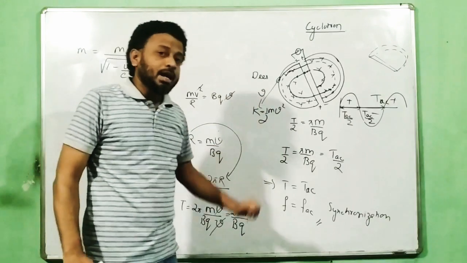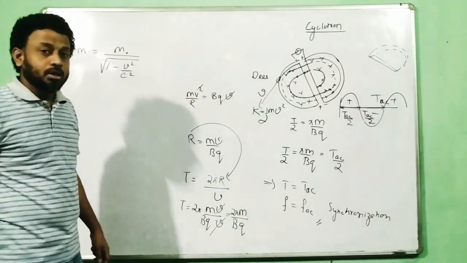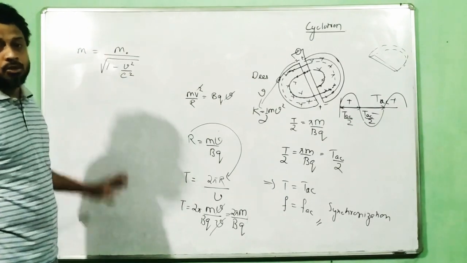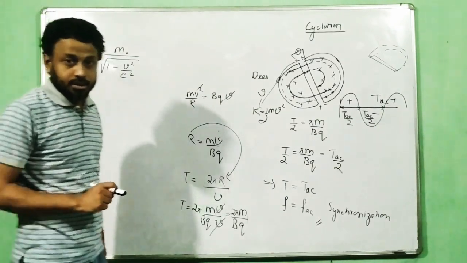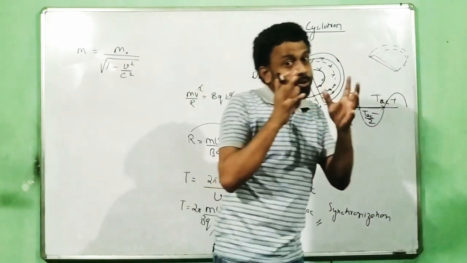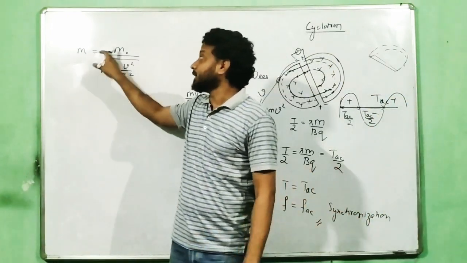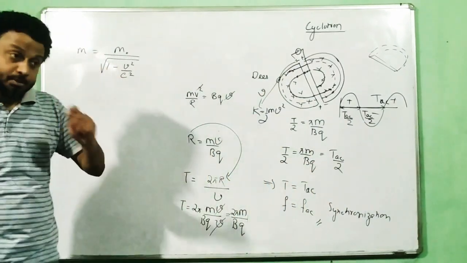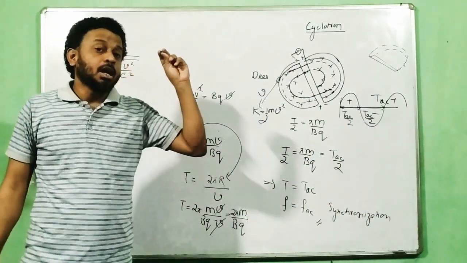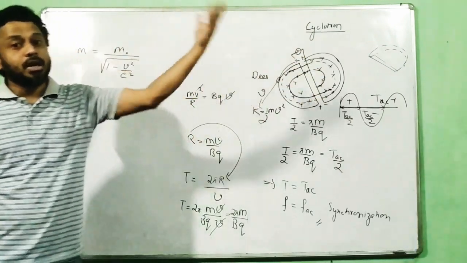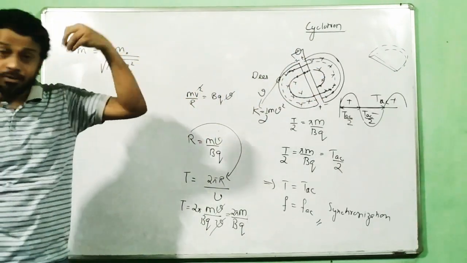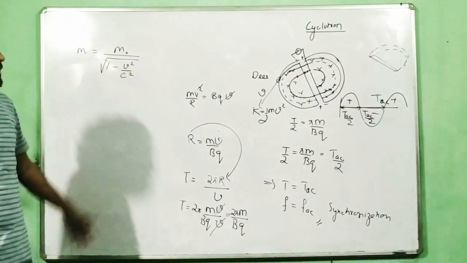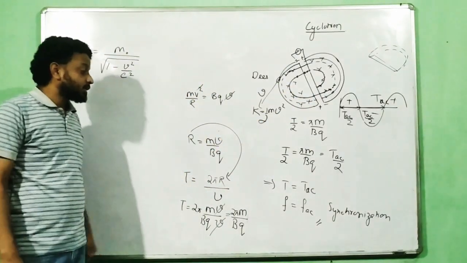When we start doing that, the relativistic effect comes into play. As per the theory of relativity, the mass starts changing for the electron, because its speed starts approaching the velocity of light. Even 80%, 90%, 70%, even 50% of the velocity of light is still very high. That will also change the mass.